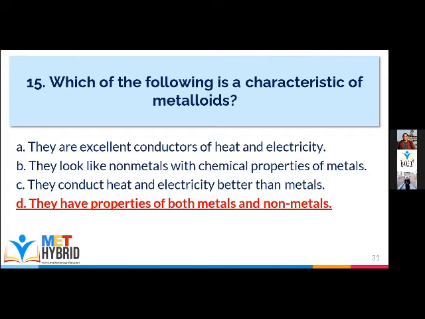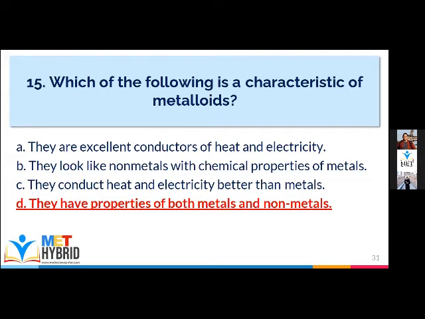Letter B is wrong because they look like metals actually, and they have chemical properties of the non-metals. So your letter B here is inverted. They look like metals, but their properties are like non-metals. Letter C, they conduct heat and electricity better than metals. This is quite wrong because your metals are the most excellent conductors of electricity and heat.